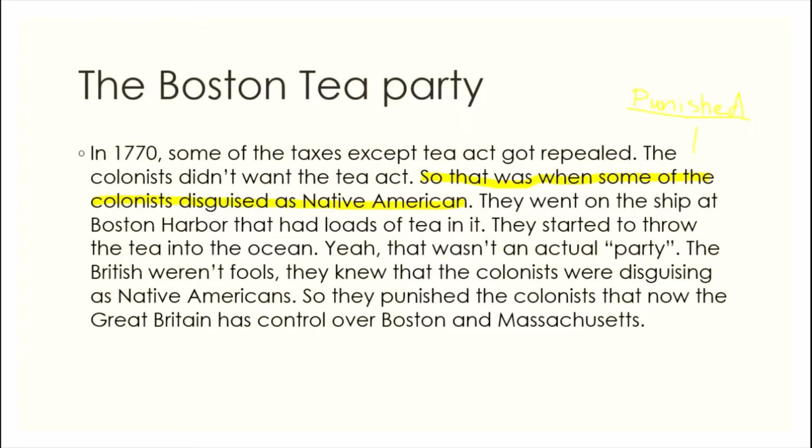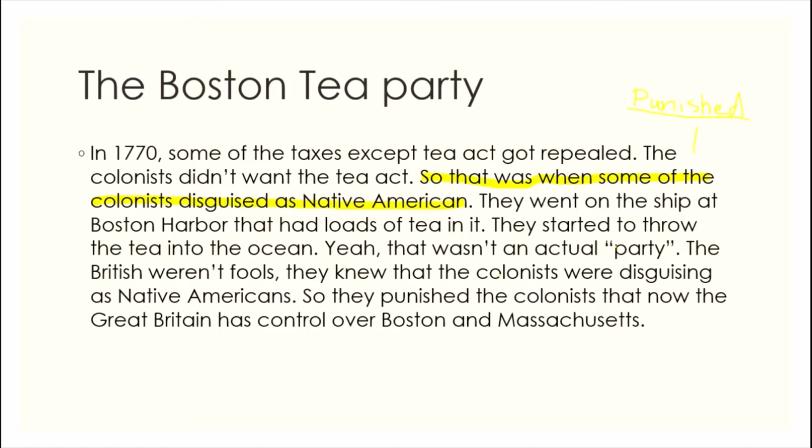They went on a ship, like I said last time, at Boston Harbor that had loads of tea in it. They started to throw the tea into the ocean. Yeah, that wasn't an actual party. The British weren't fools.